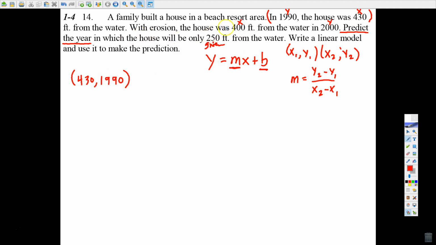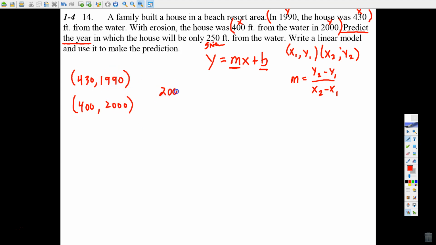Jumping down a little bit further, I see another ordered pair written in this little phrase. X is 400, y is 2000. And now I'm off and running because, again, this is how I find the slope. y2 minus y1. I'm going to call this y2, and this will be y1.